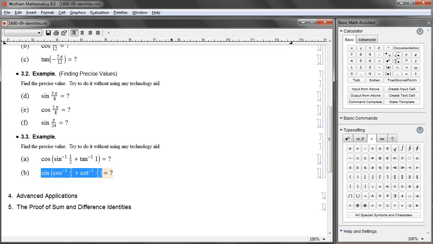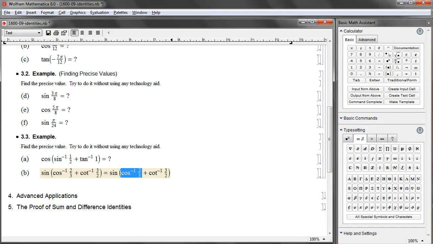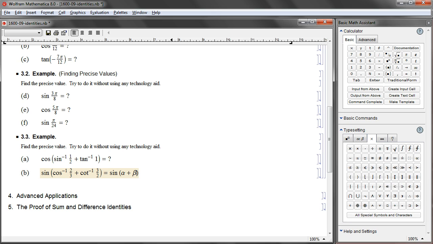Well, we cannot use a calculator, because if you use a calculator and get approximate values, then we will not be able to find the precise value. A calculator can help you guess, but the problem explicitly said find the precise value, which means not only the answer but also the process must be precise. Calculator will not be helpful.